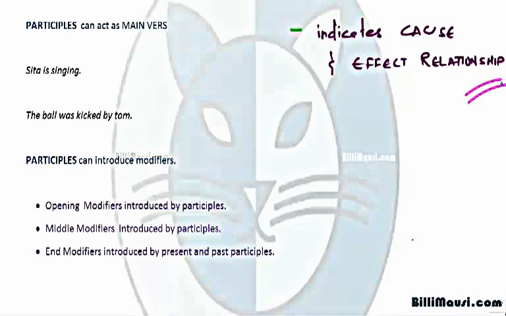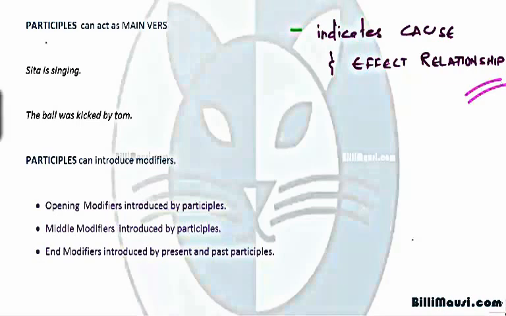When it acts as a verbal, when it is not being assisted by an auxiliary verb, it usually ends with ing or ed, and functions as an adjective in a sentence. For example, it is difficult to calm a frightened child. So frightened here is nothing but a participle which is giving us the information about child. So it is behaving as a modifier.